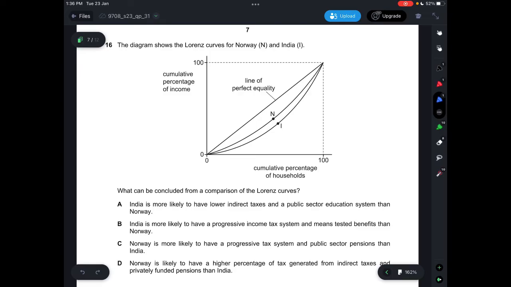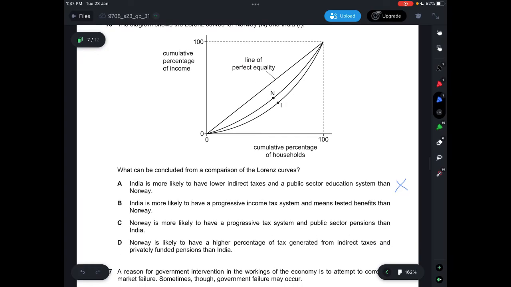In order to have a more equal Lorenz curve, you have to have lower indirect taxes and better public education system. But in this case, you see that India has a Lorenz curve with a larger area than Norway. So this means that it's more unequal, meaning that they have higher indirect taxes. So that's why A is incorrect.